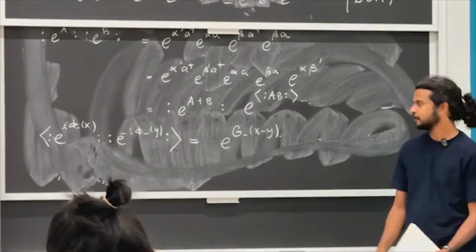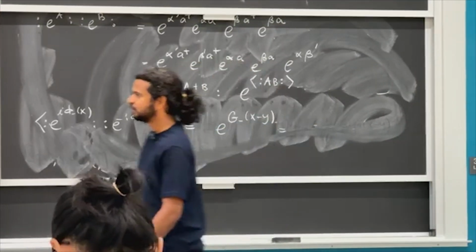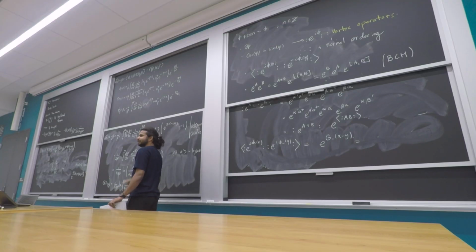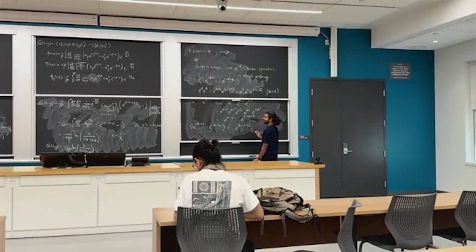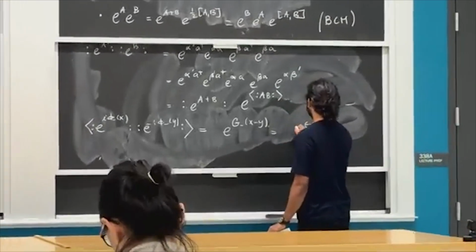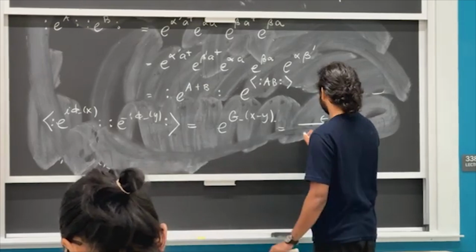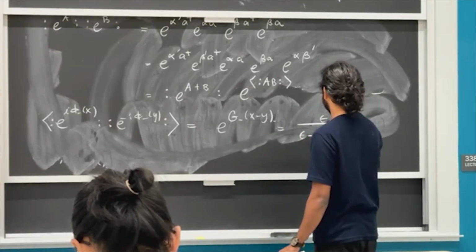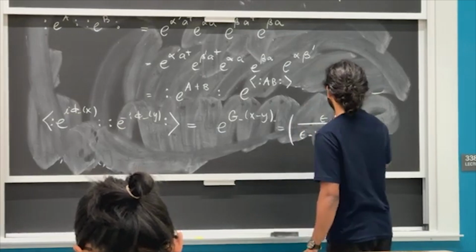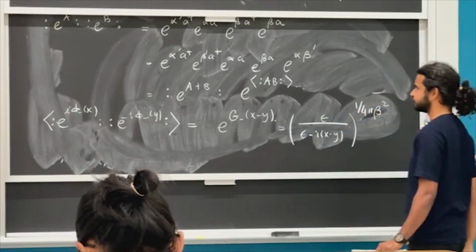All right. And let's just plug in what g minus was. I'm going to get rid of the logarithm, and we will get epsilon, well, you'll still have the branch cut issue because of the power. Epsilon over minus x minus y to the power 4 pi beta square.